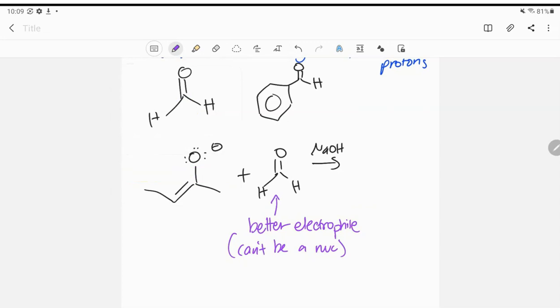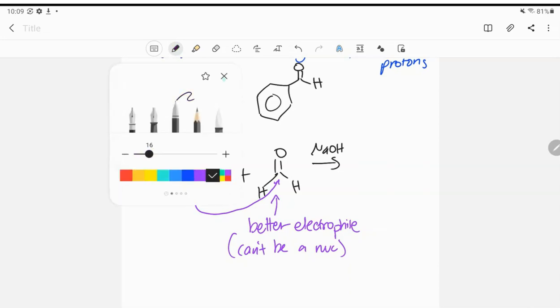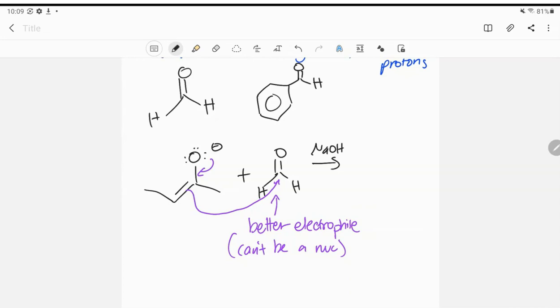And so, although this was kind of an interesting choice, we'll end up attacking. We're going to end up making it so that our ketone originally stays. Our alpha carbon is now connected to the carbonyl carbon, which just had the two H's, and the carbonyl becomes the new OH.